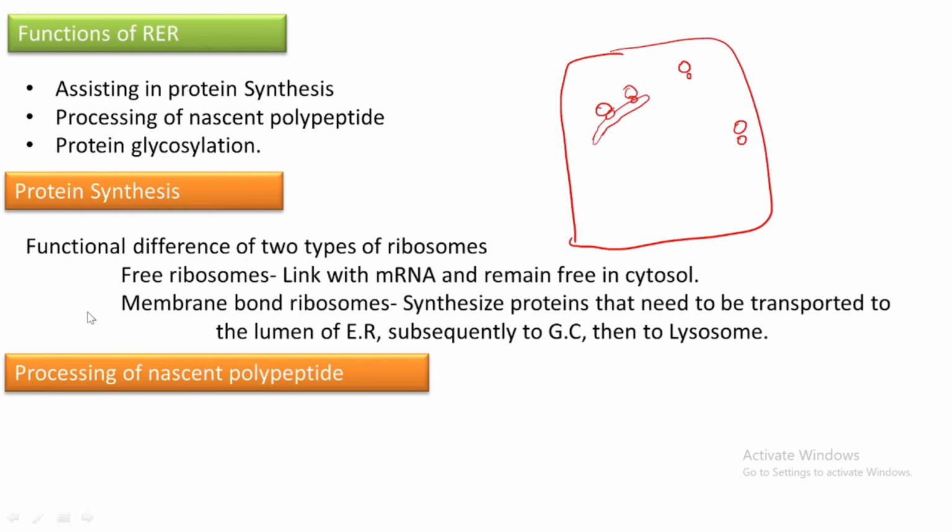Free ribosomes link with the mRNA and carry out translation while remaining free in the cytosol. Coming to the membrane-bound ribosome, which is the type we are explaining, they synthesize the protein. They attach to the mRNA for translation.